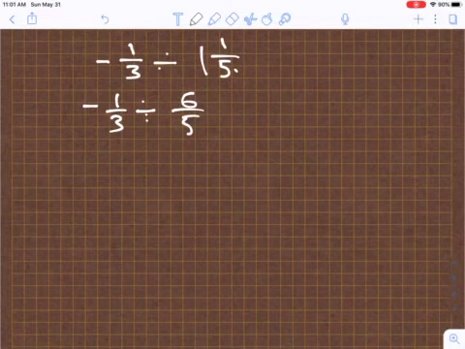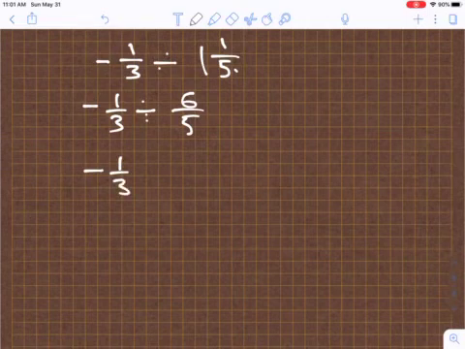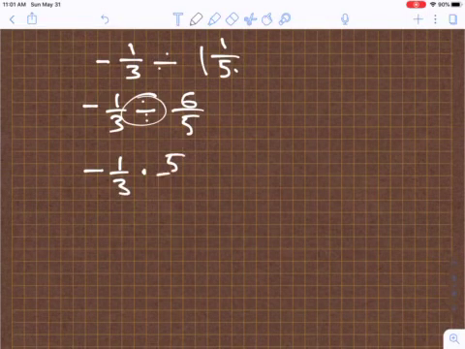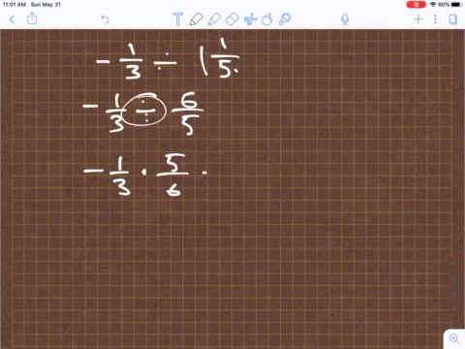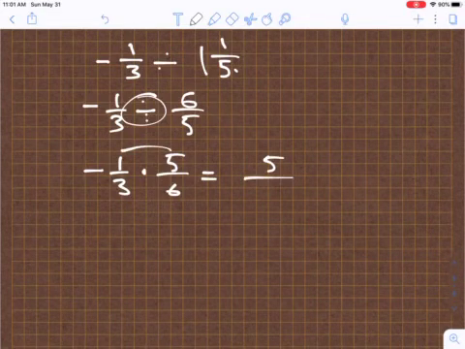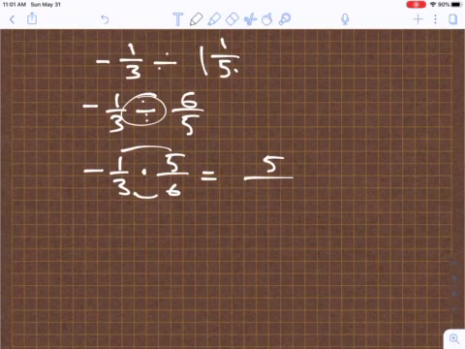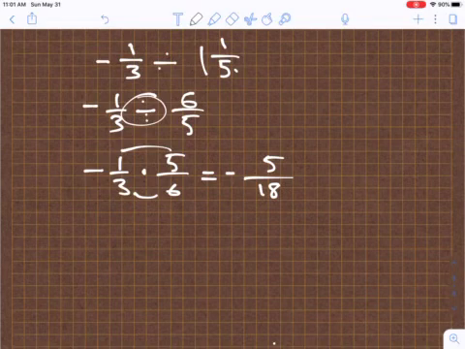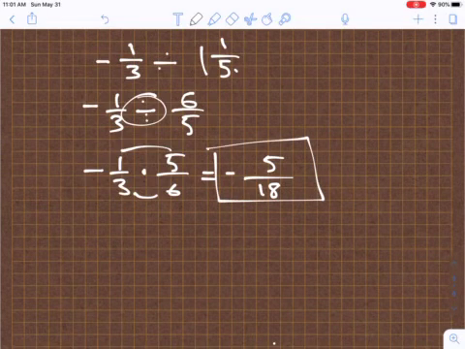So let's do our keep, change, flip. Negative 1/3, let's change this to multiply, let's flip this, 5/6. And then just multiply straight across. So 1 times 5 is 5, 3 times 6 is 18, and negative times positive is a negative, and you get negative 5/18. That is simplified, and you are ready to rock.